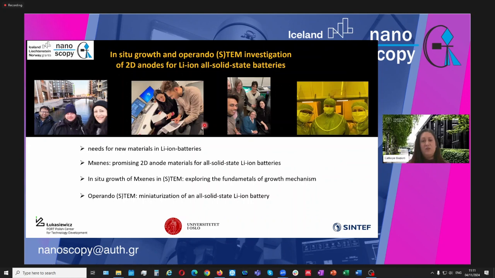And then I will give you 2 different examples with TEM. One, how we can use in situ TEM to achieve growth of MXenes and explore the fundamentals of their growth mechanism. And then we will move to operando transmission electron microscopy, showing how we can miniaturize real-life devices.